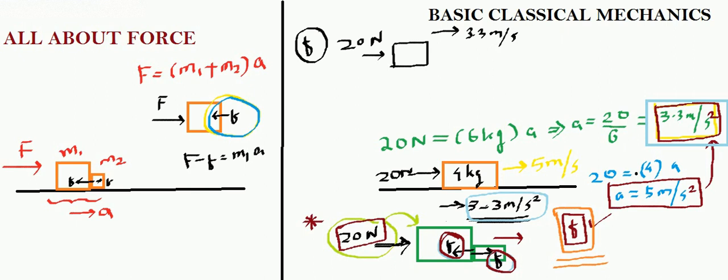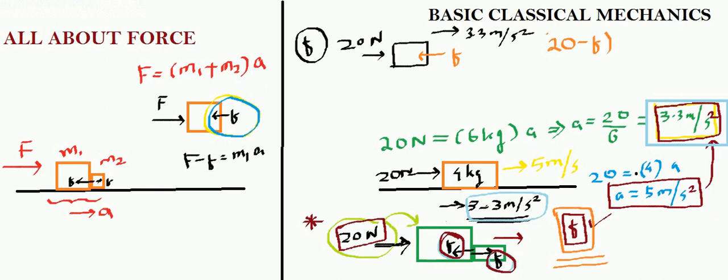So I can say the presence of the second block is equivalent to a small force f that has decreased the acceleration of the first block. So the actual motion of the first block is not caused by the entire 20 Newton, but by 20 minus f Newton force.